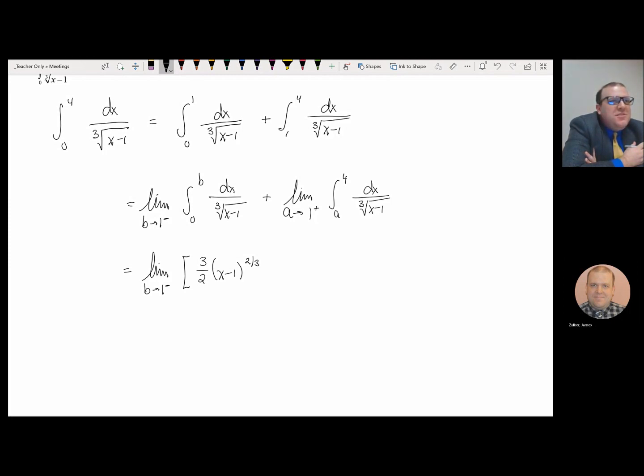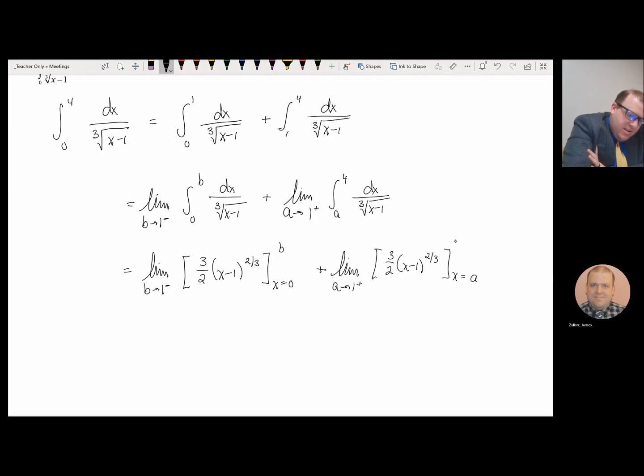It's power rule. It's the very first under the basics. I mean, technically it's a u-sub as well, but the derivative is 1, so just treat it like x to the 1/3 power. From 0 to b, and a to 4.